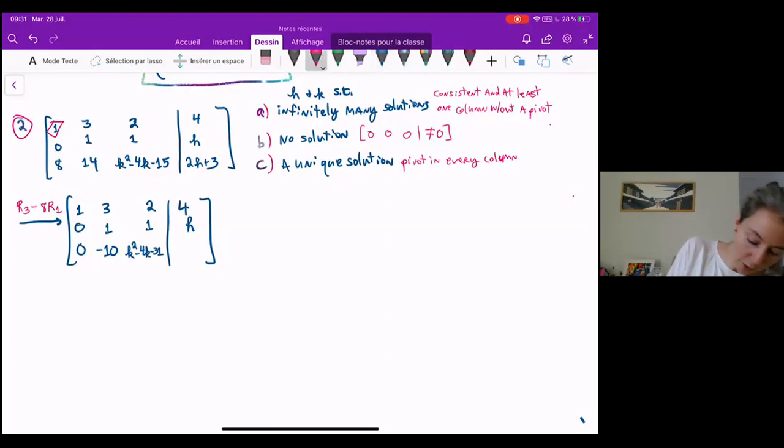So I'm going to write these down just because sometimes you guys have trouble with these. So this is k squared minus 4k minus 15 minus 8 times 2, and 2h plus 3 minus 8 times 4.